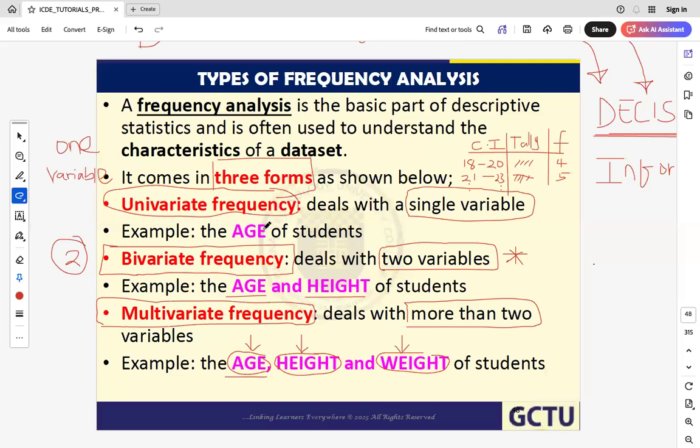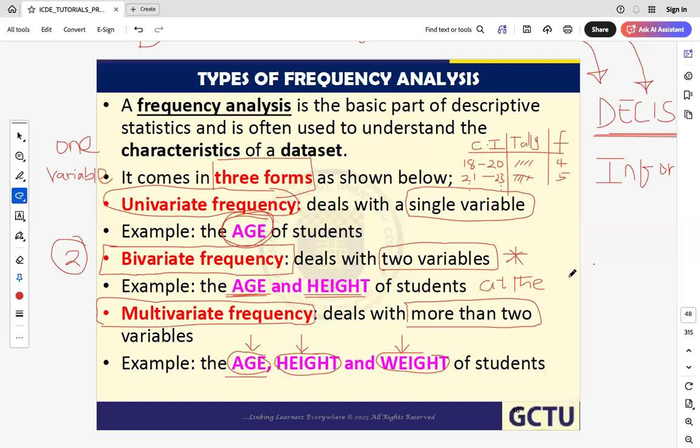So for example, if you want to look at the age of students, age is only 1 variable. So you can use the normal frequency table we have. But what if you want to look at the age and height of students at the same time, not at specific times?